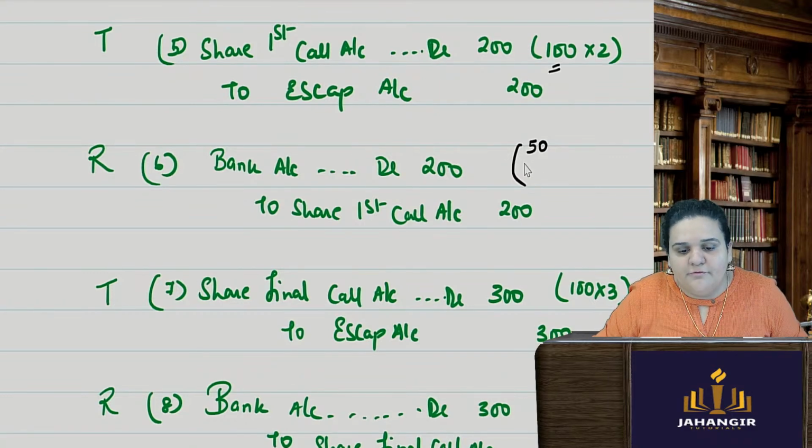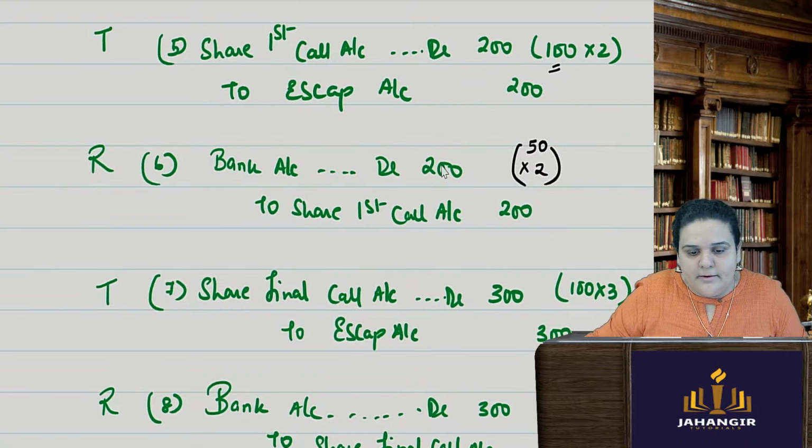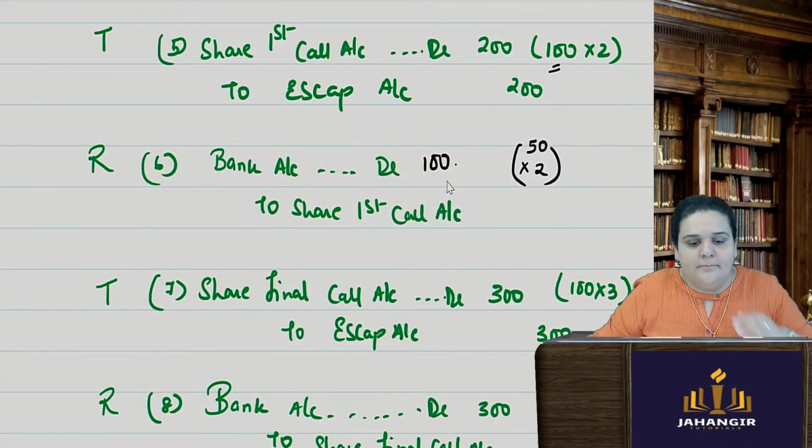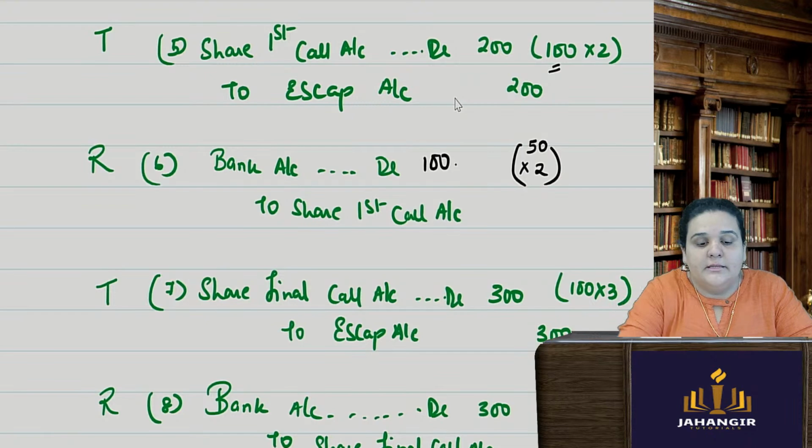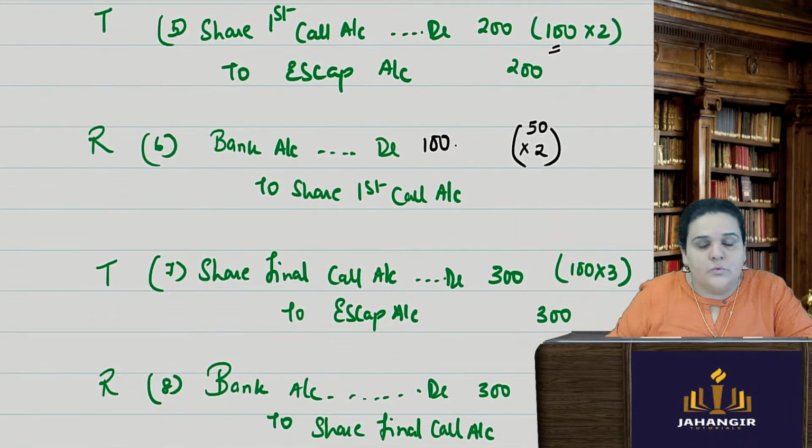So on 50 shares I got 2 rupees. So in bank I received only 100. But share first call is 200 now.